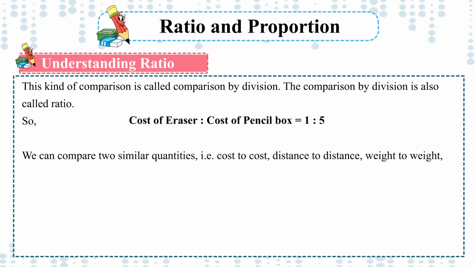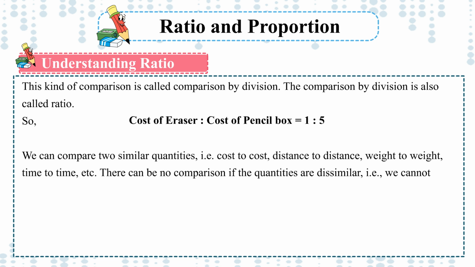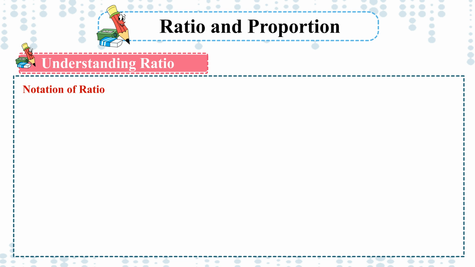We can compare two similar quantities, that is cost to cost, distance to distance, weight to weight, time to time, etc. There can be no comparison if the quantities are dissimilar, that is, we cannot compare cost to distance, weight to time, etc. Notation of ratio.